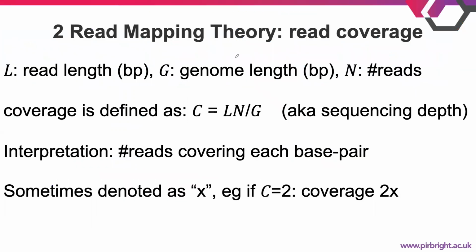So we can estimate what we expect from that based on the genome length and the number of reads, where we have the coverage as the length of the read times the number of reads, divided by the genome length. But this is an expected value, and therefore the value for each individual base will vary.